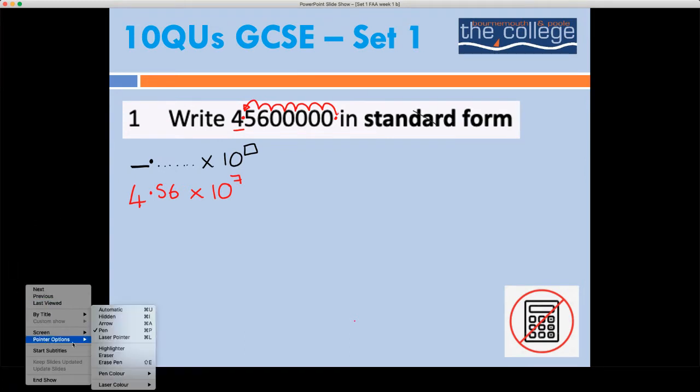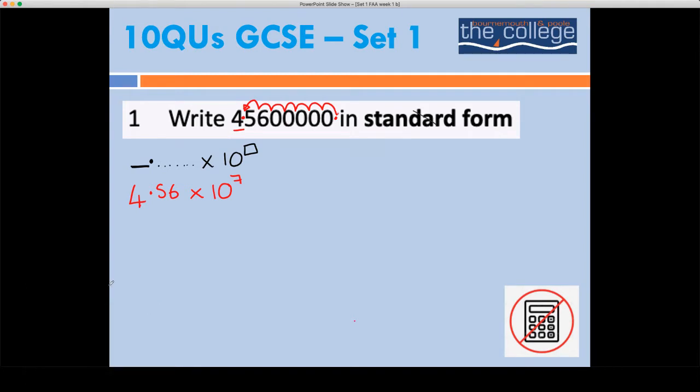Now, if we had a number, let's say like this, 0.000 and then 3, 2, 5. We need to get our decimal point here in between the 3 and the 2.